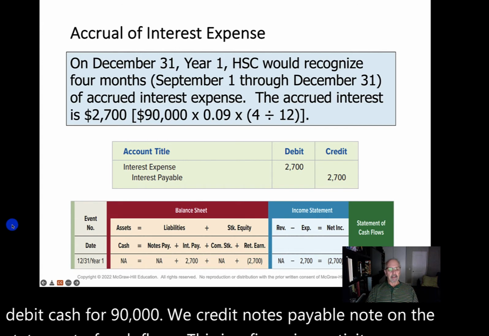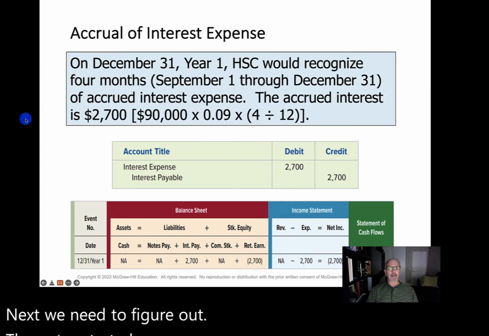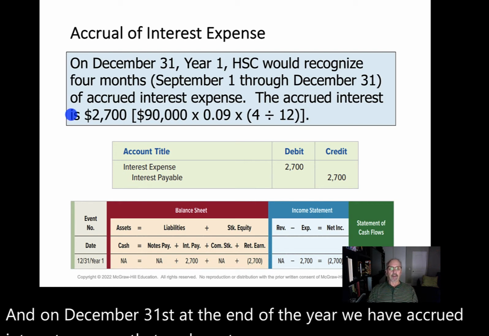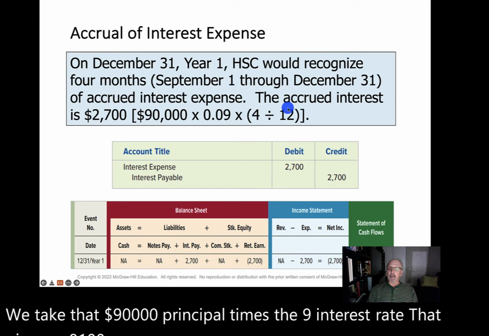Next, we need to figure out the note started on September 1st. And on December 31st, at the end of the year, we have accrued interest expense that we have to recognize. So what do we do? We take that $90,000 principal times the 9% interest rate. That gives us $8,100. We divide that by 12 and multiply it by 4.